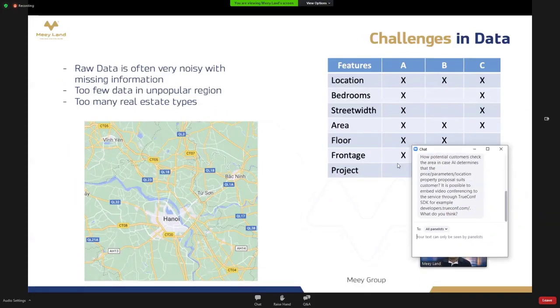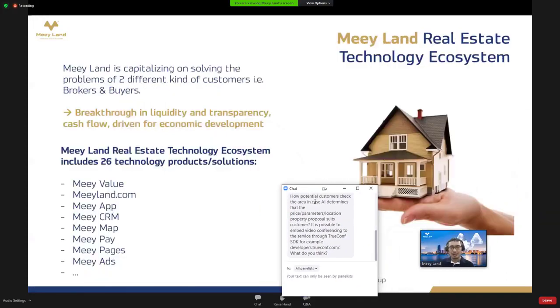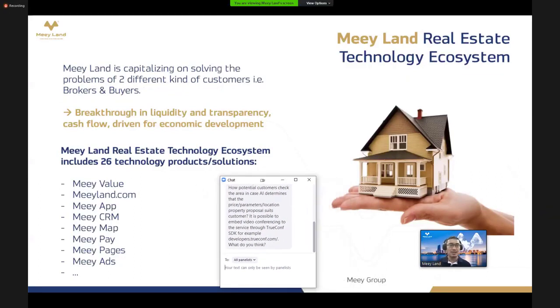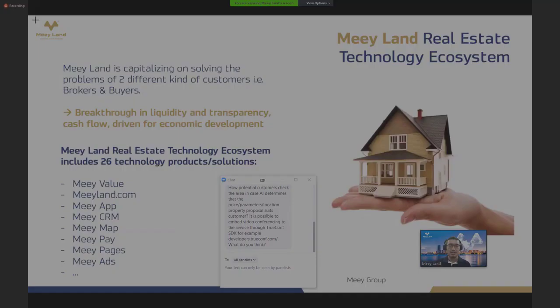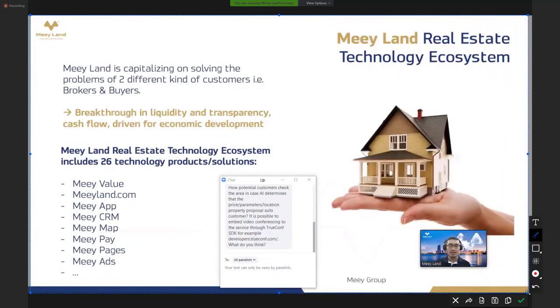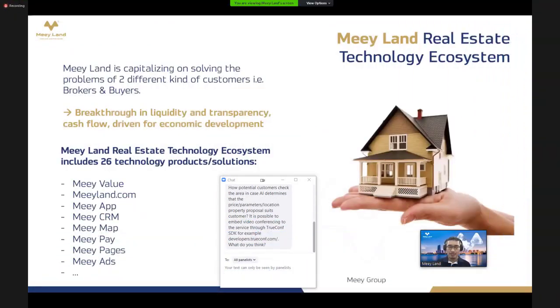And finally, a bit about Meey Land and Meey Group. We are a startup trying to make use of high technology, especially AI, artificial intelligence. And in the far future, we try to become, let's say, a Grab-like technology in real estate.